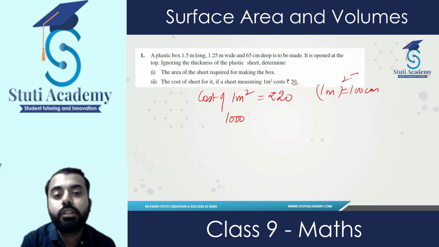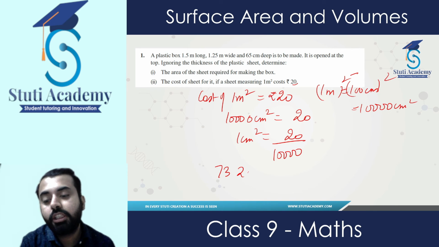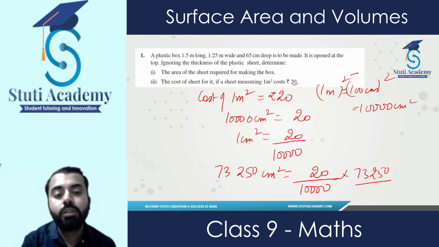You have to square it, and you get 10,000 centimeter square. 10,000 centimeter square is 20, so 1 centimeter square is 20 upon 10,000. Now you have 73250 centimeter square, so it will be 20 upon 10,000 into 73250. Whatever you get here, that will be your cost.